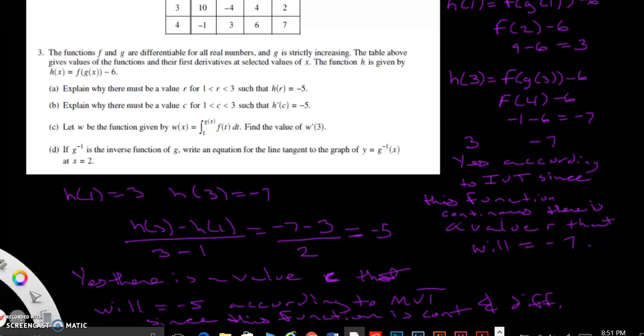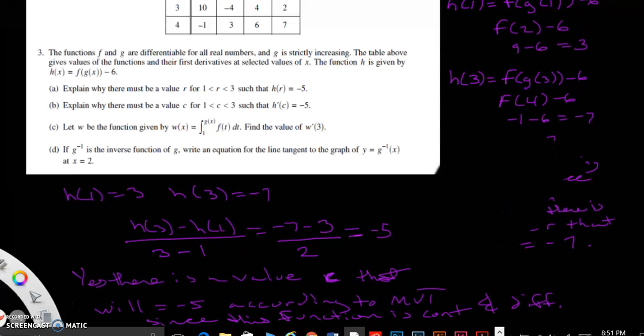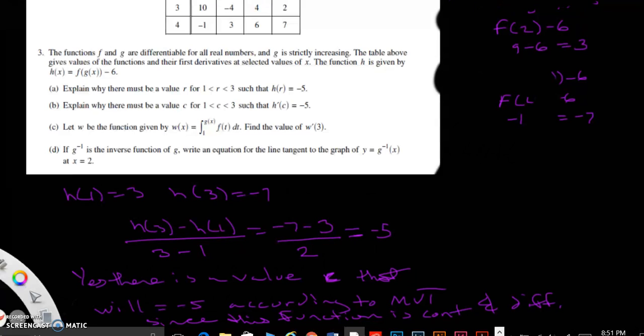Okay, part C. Let me erase this part over here so I have room to work. Okay, that's better. Part C says, let w be the function given by w of x equals the integral from 1 to g of x of f of t dt. Find the value of w prime of 3.